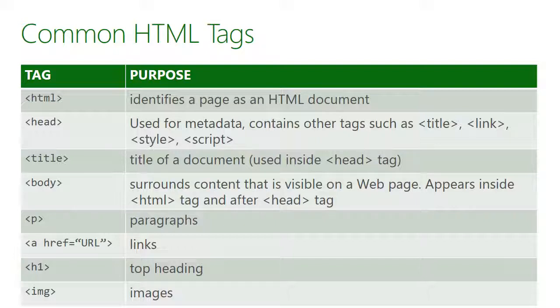And then body surrounds the content that is visible on the web page, and appears inside the HTML tag and after the head tag. P is for paragraphs, then A is for links or hyperlinks to other parts of the same document or to other pages on the internet, and H1 is for top heading, and IMG is for images.